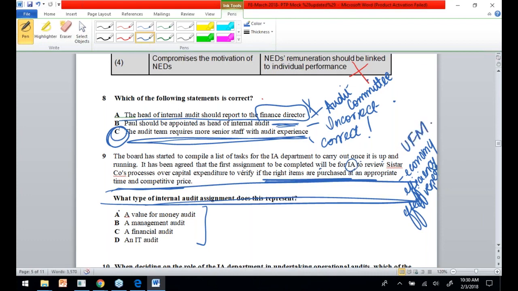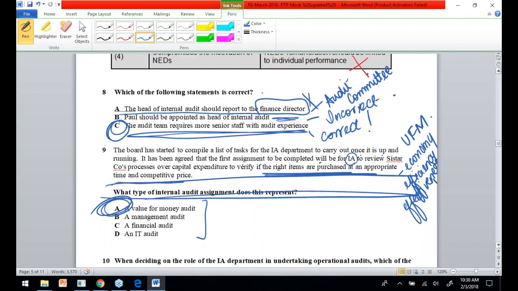If you look at the options, it mentions value for money, and that is the correct option, option A. Always remember, the trick to answering a multiple choice question is reading the case scenario as carefully as possible and trying to answer as many questions without having to look at the options. Do you have any questions? All right.